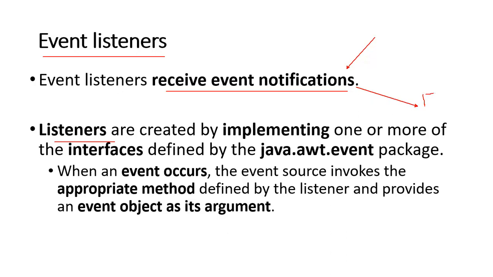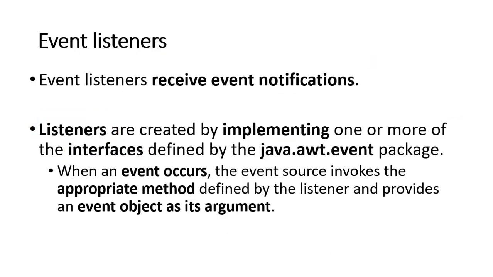So in order to restrict them to have some methods which are standard and consistent, what Java has done is, any listener that you are thinking of using must somehow implement some standard interface. You know very well, interface is a contract, and any class that takes up that particular interface has to implement the abstract methods which are there in these interfaces.